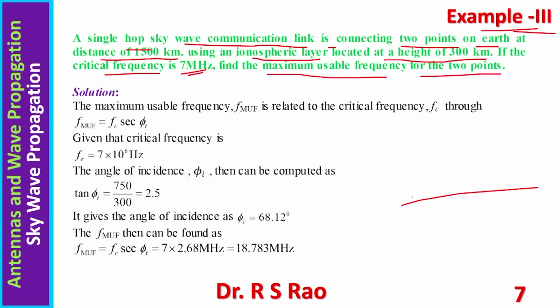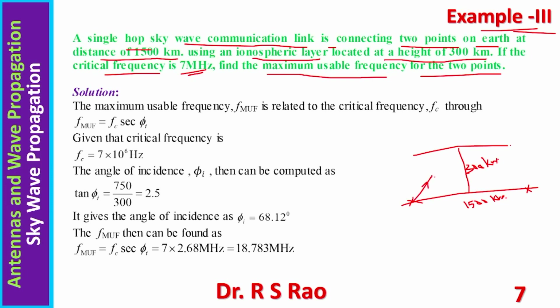Here are 2 points. The distance between these 2 points is 1500 kilometers. These 2 points are over the surface of the earth. A layer is there at a height of 300 kilometers, somewhere here. This is 300 kilometers. A link has been established like this. Let us say this is transmitting antenna.